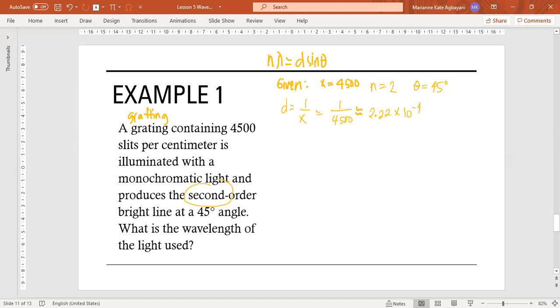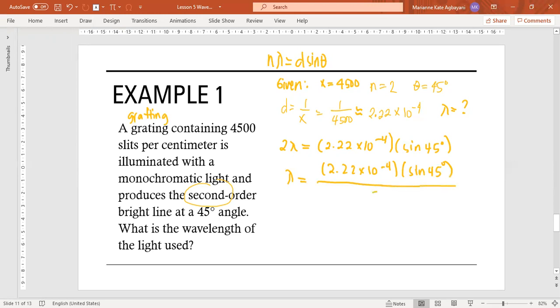We have n, which is 2, times lambda, the wavelength, which is unknown. d is 2.22 times 10 to the negative 4 times sine 45 degrees. So the wavelength is equal to 2.22 times 10 to the negative 4 times sine 45 divided by 2.